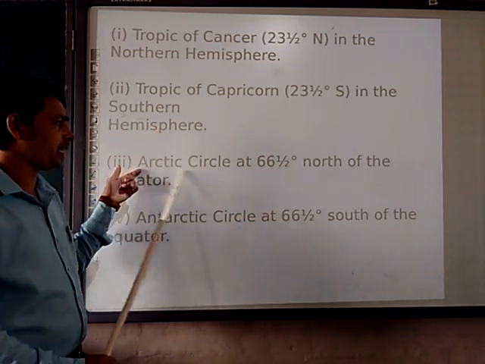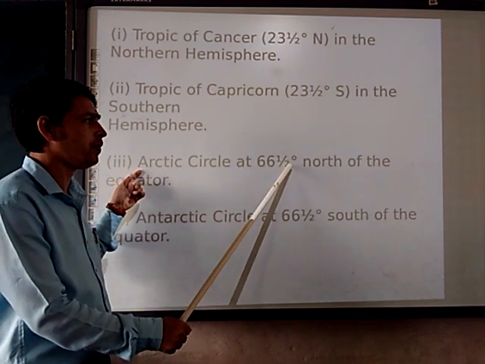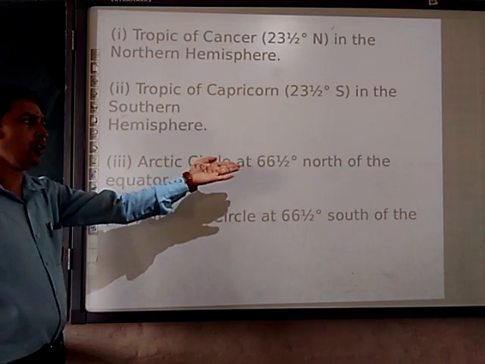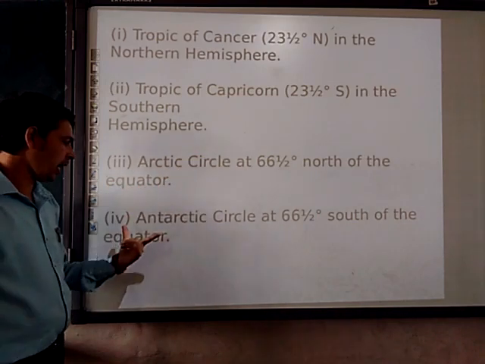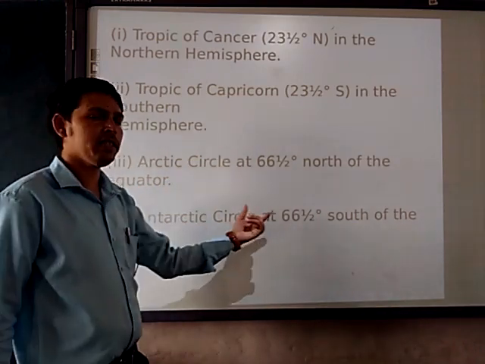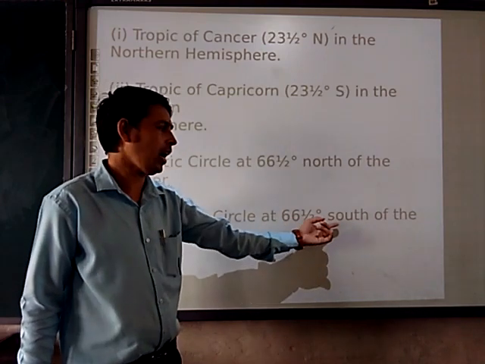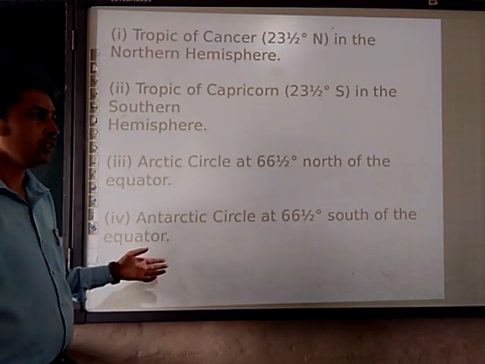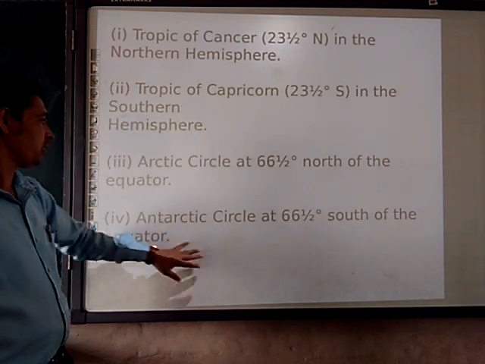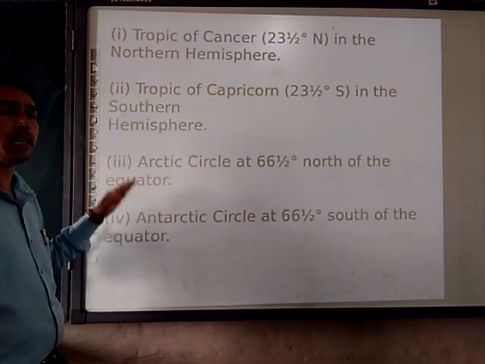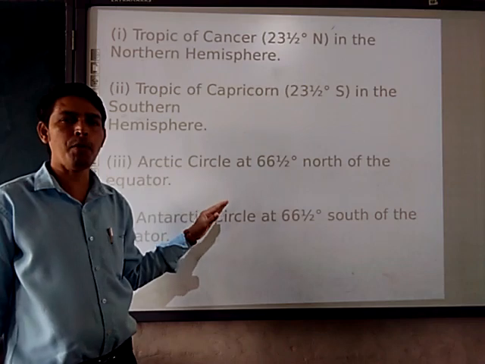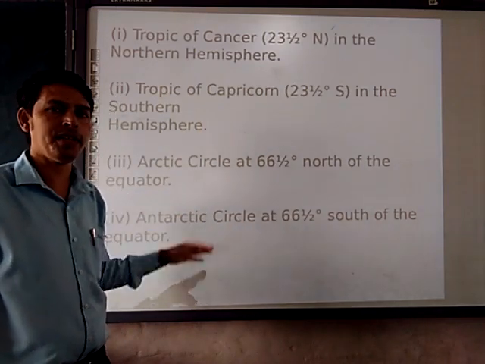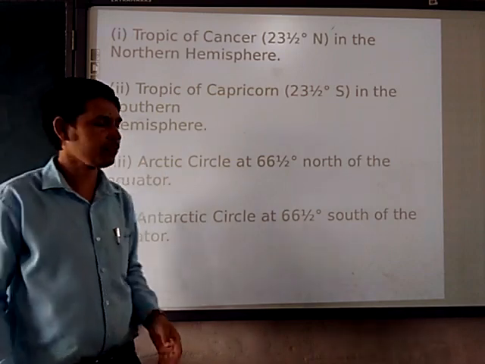Then the Arctic Circle at 66.5 degrees north, in the northern hemisphere, north of the equator, and the Antarctic Circle, again the same degree, south of the equator. These 4 are the very, very important latitudes, right?